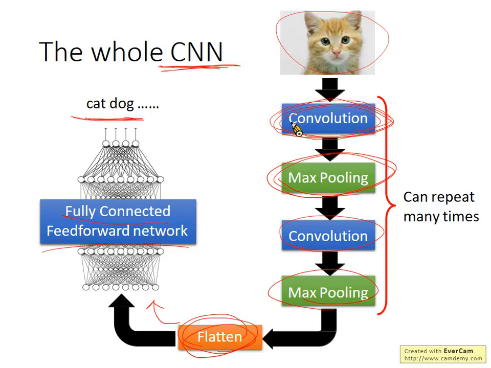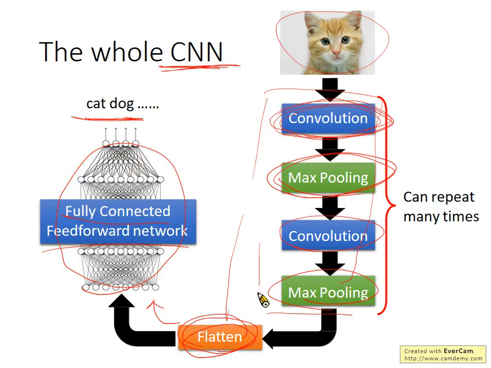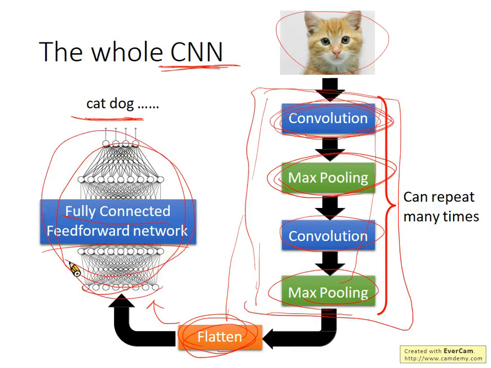So basically the convolution and max pooling part is for feature extraction, and the fully connected part in this framework is for classification. So this is for feature extraction, and this is for classification.